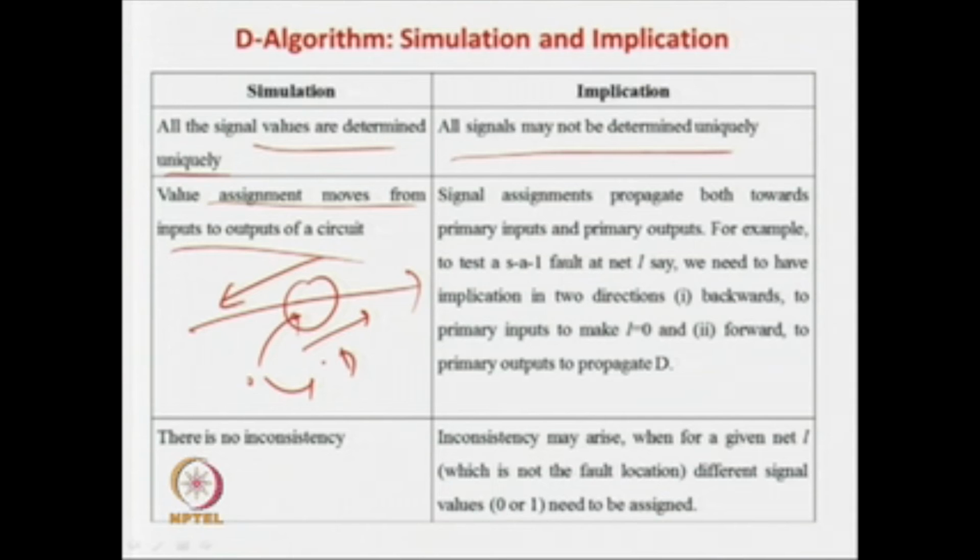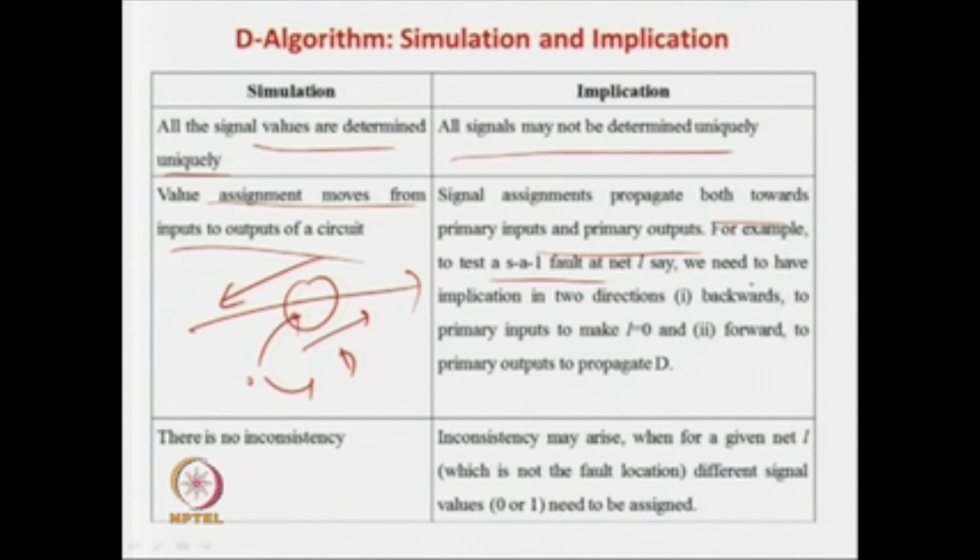At every step, while you are propagating the D value, at the same time you are trying to justify the values using the inputs of the gate in the J frontier. So, it actually propagates both ways, to primary inputs and outputs. For example, to test a stuck-at 1 at net A, we have 2 implications: backward to make the primary input D0 and forward to the primary output D.